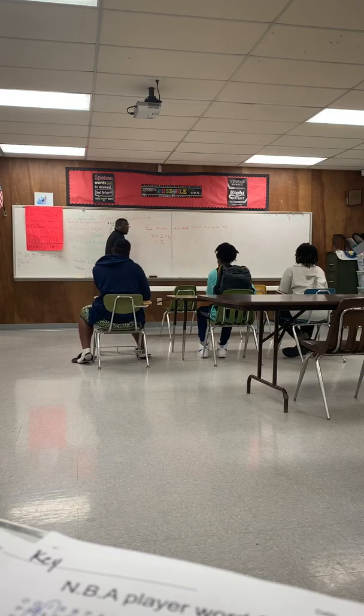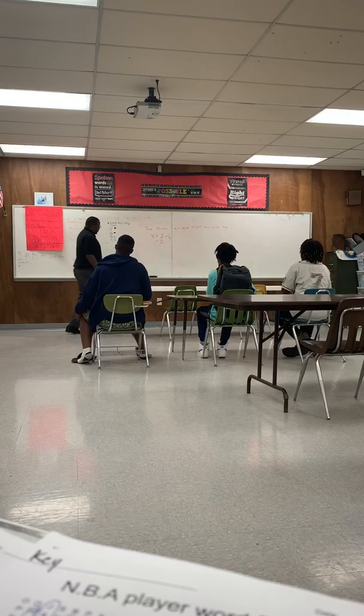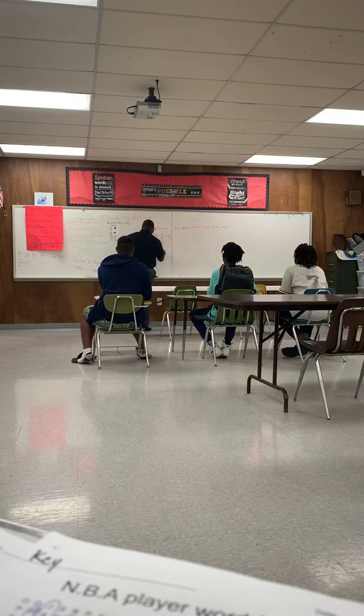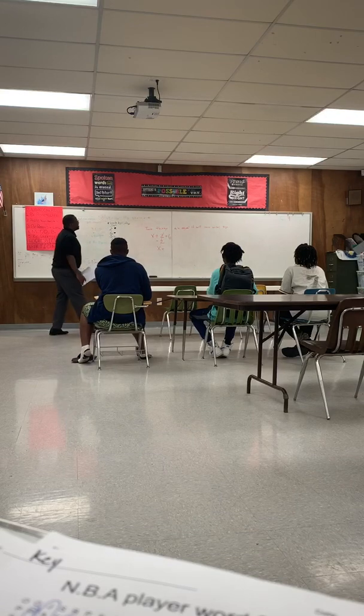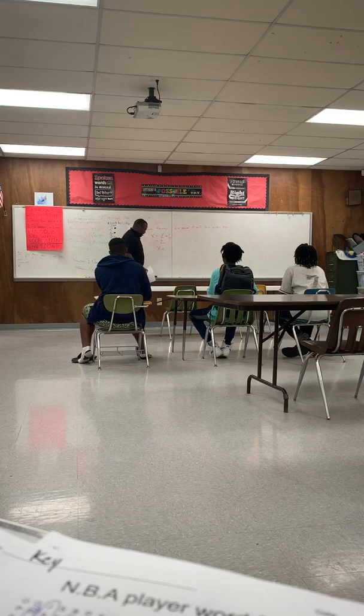Because 2 minus 2 equals what? 0. 0 plus anything is what? That number, right? So that means we cancel these 2's out and we have x down here. Now, the thing about equations is this. Whatever we do to this side, you gotta do to the other side.